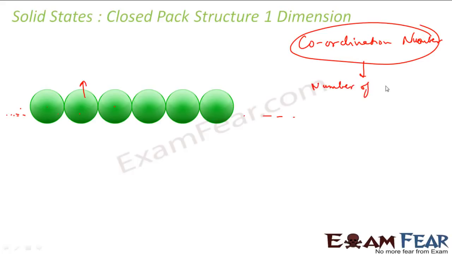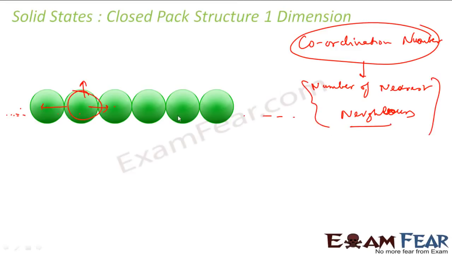Number of nearest neighbors. This number of nearest neighbors will tell you the coordination. For example, in this case, you take 1 particle, there are 2 neighbors. Coordination number is 2. If you take this one also, there are 2 nearest neighbors. So in the 1 dimension case, the coordination number is always 2.